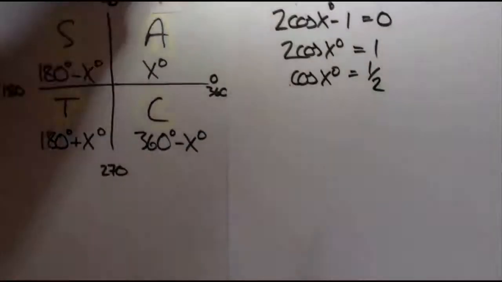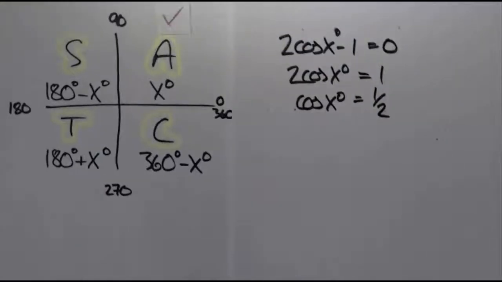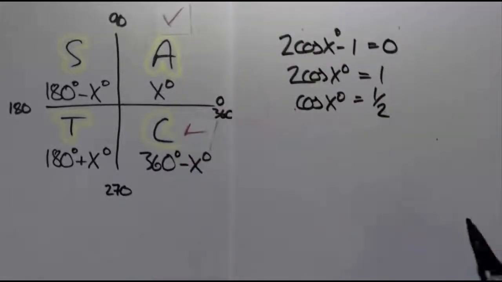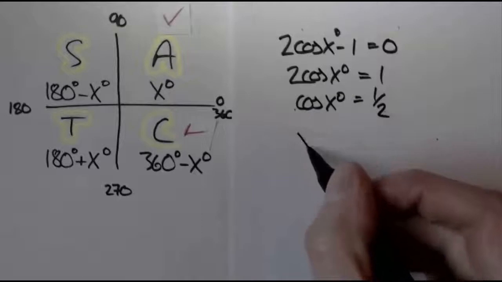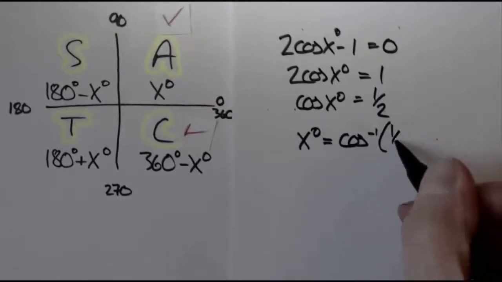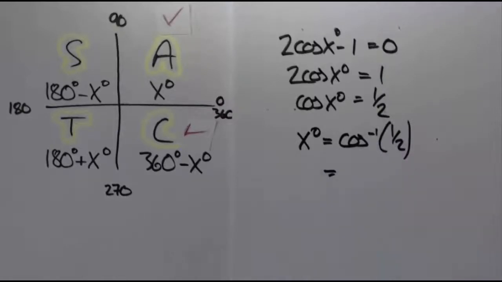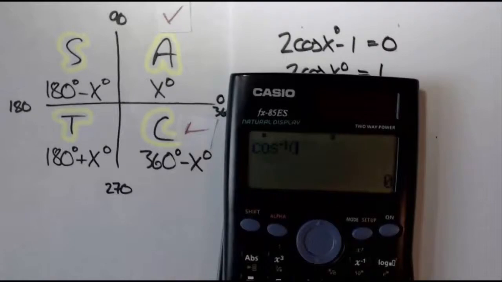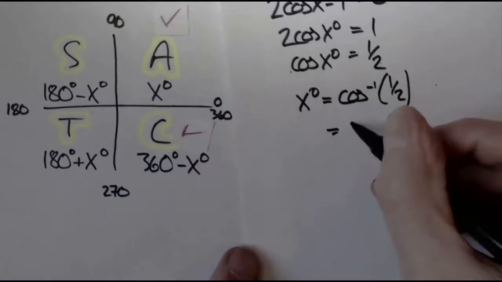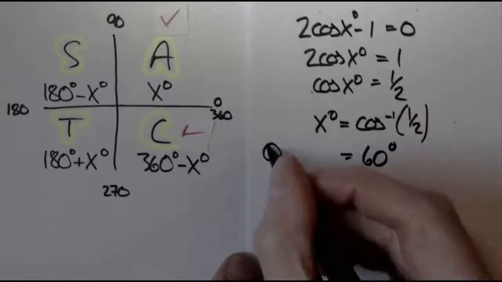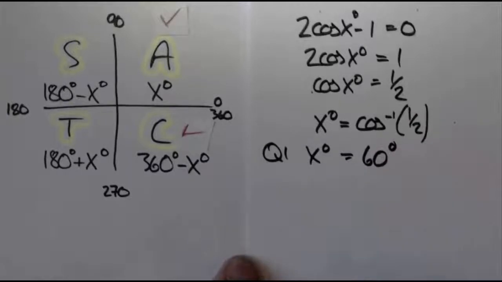Again, they're all positive in the first quadrant, and just like the last one, cos is positive in this quadrant as well. So we just take the inverse of it and put that in the calculator. So it's the inverse cos of 0.5, and that's 60. Okay, so in quadrant 1, x takes the value of 60.